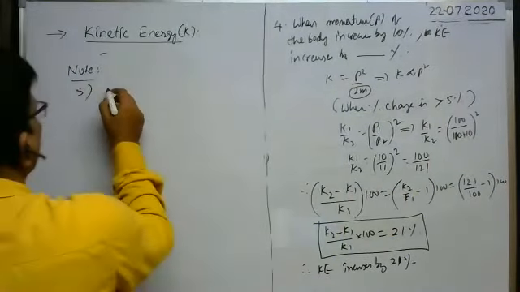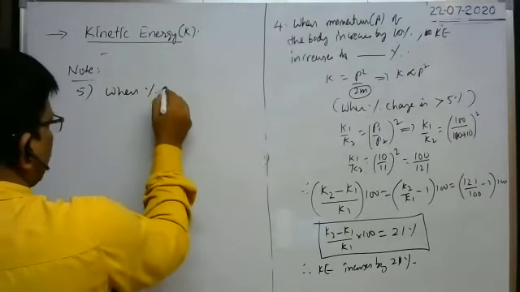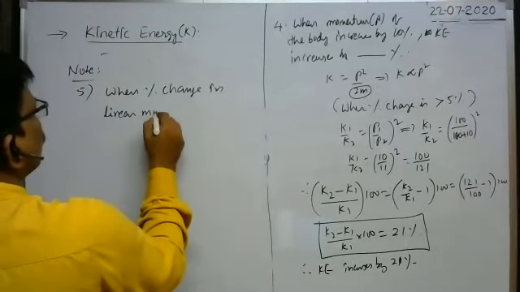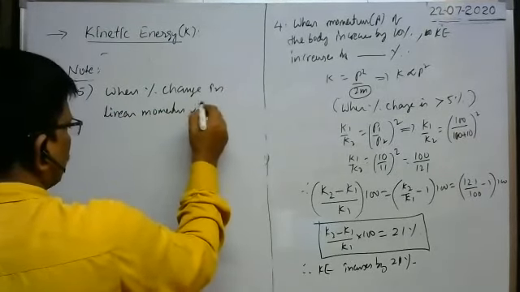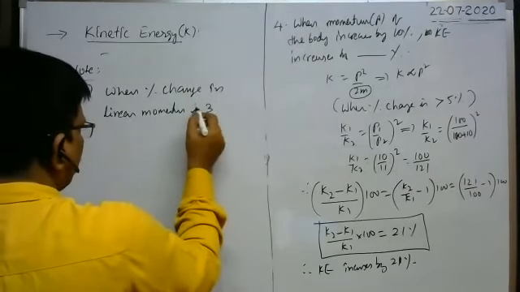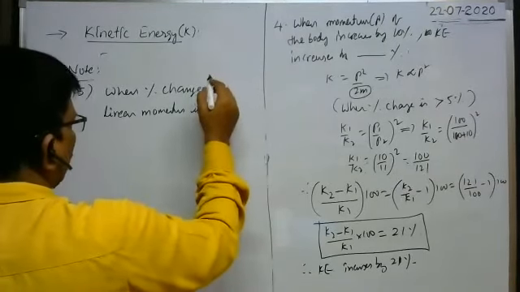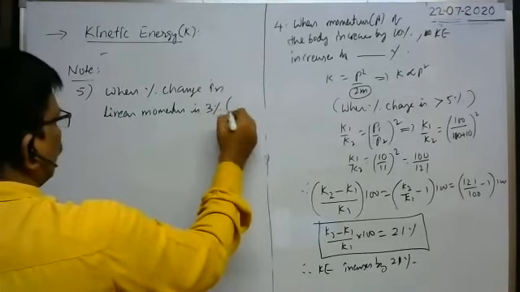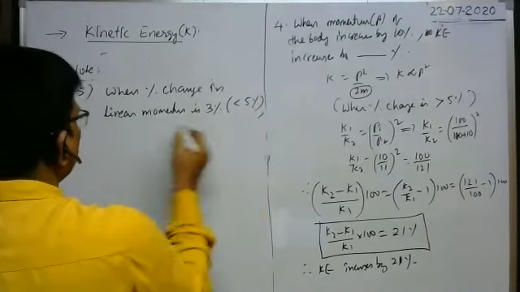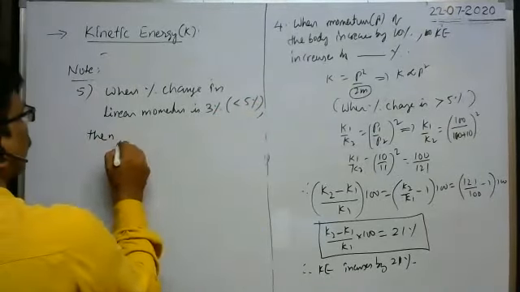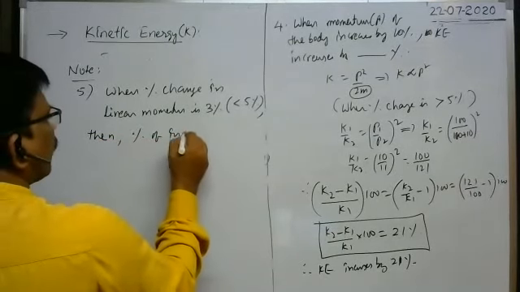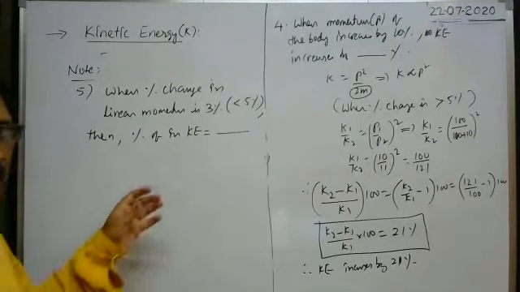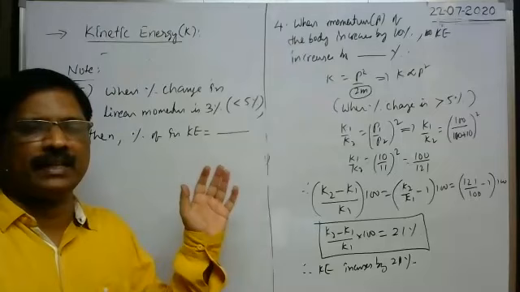Fifth one: when percentage change in linear momentum is 3%, less than 5%, percentage change means percentage increase, then percentage change in kinetic energy is equal to dash. Here you see, percentage change in linear momentum is given, percentage change in kinetic energy they asked.